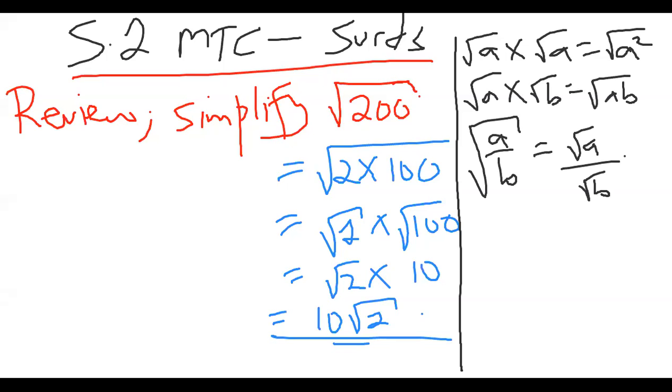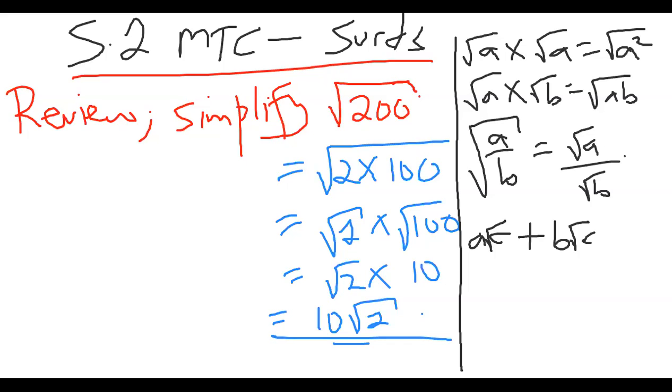When you add or subtract, for example, you have a square root of b plus a square root of c. Let's use this one as a square root of c plus b square root of c.